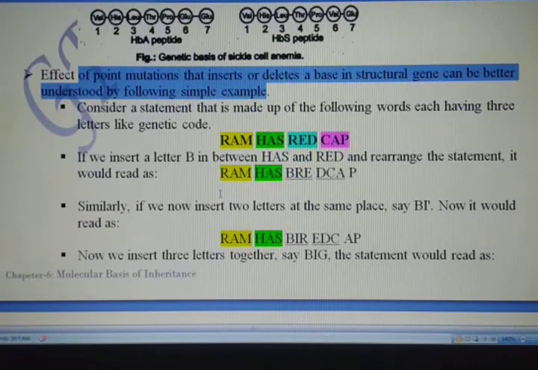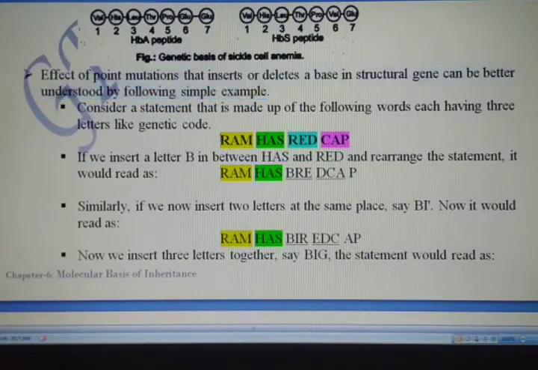In this, let us consider that 4 words have been taken, and all 4 words have 3 letters only, so that we can consider each word as one codon: first codon, second codon, third codon, and fourth codon. Likewise, let us see: Ram has red cap.